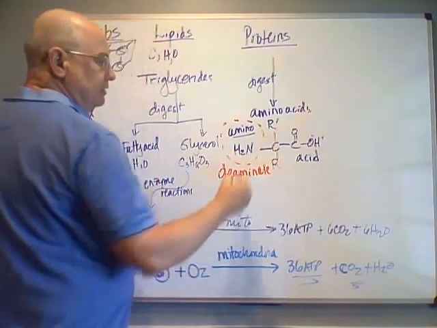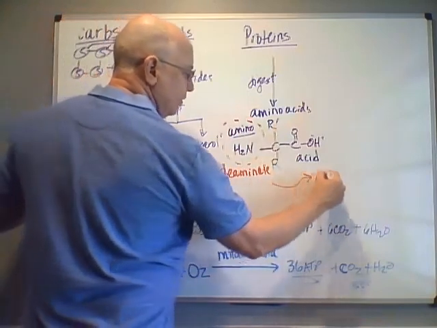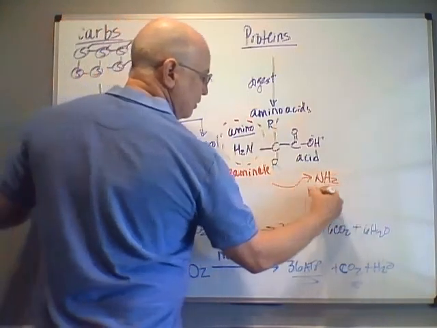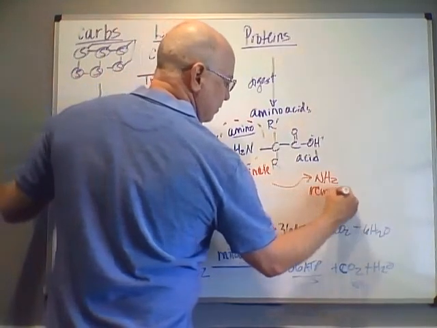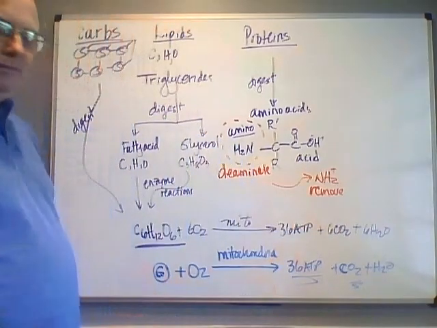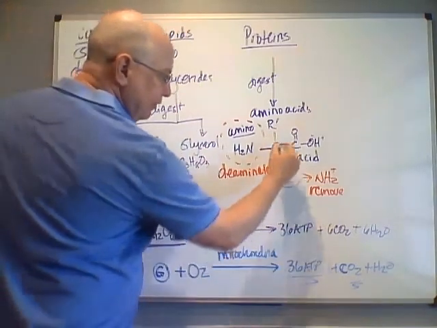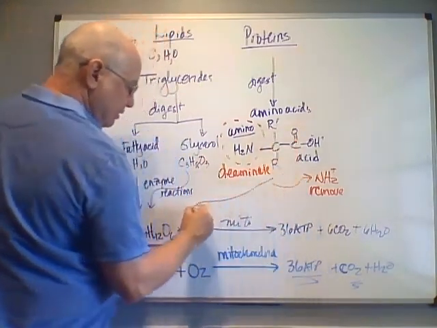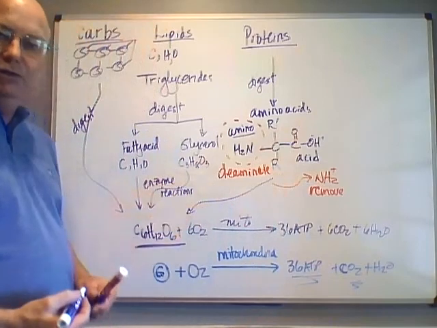To deaminate simply means I'm going to rip that amino group off. I'm going to remove my amino group, and everything that's left over is carbon, hydrogen, and oxygen. With some more chemistry, some more reactions, I can convert that into glucose.